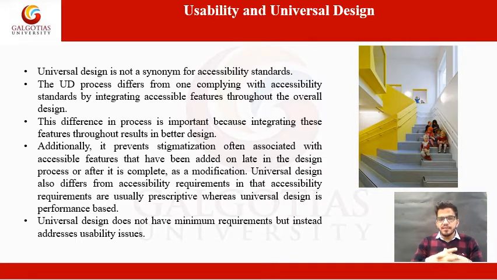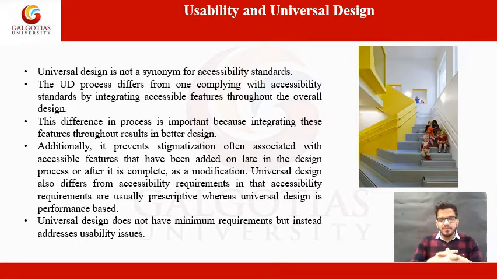The universal design process differs from complying with accessibility standards by integrating different accessibility features throughout the overall design. This difference in the process is very important, because when we integrate these accessibility features throughout the design, the result is always a better design.